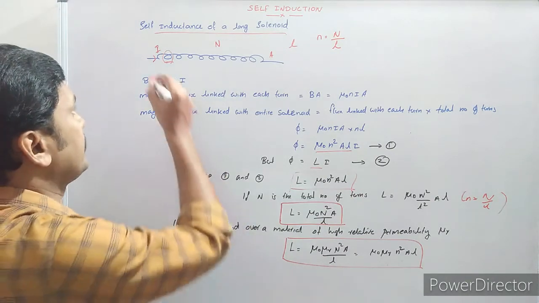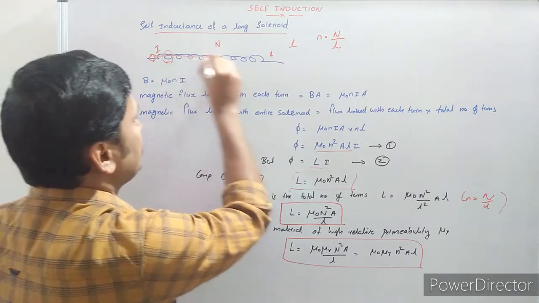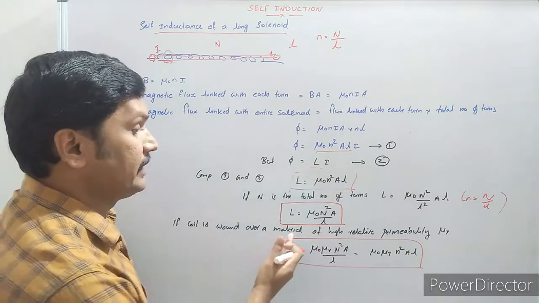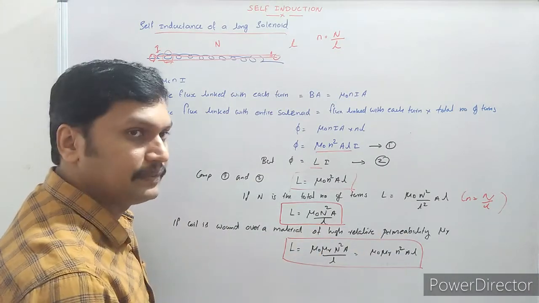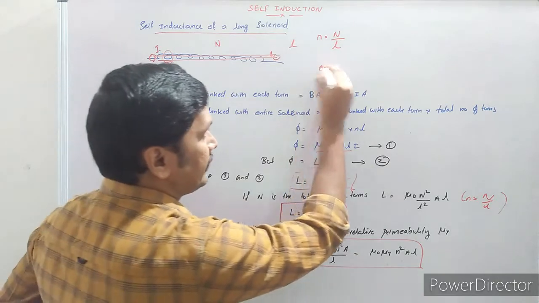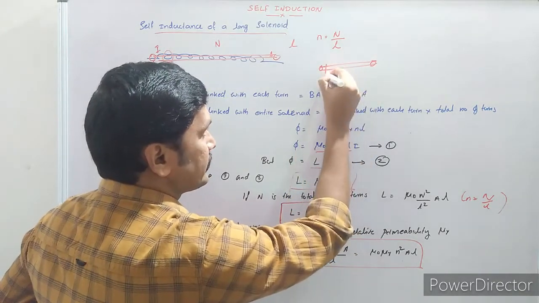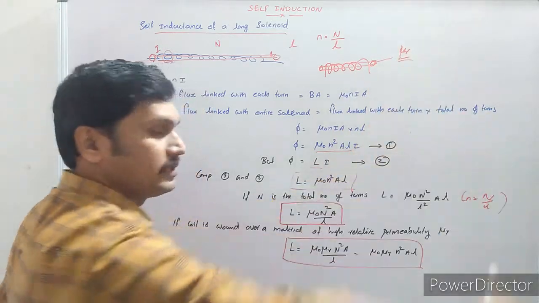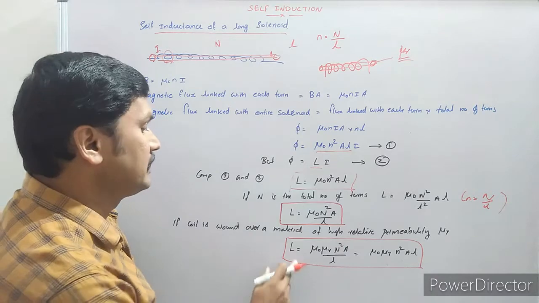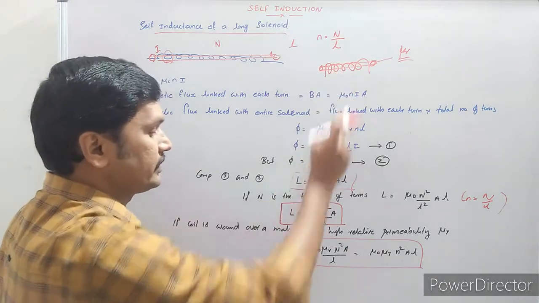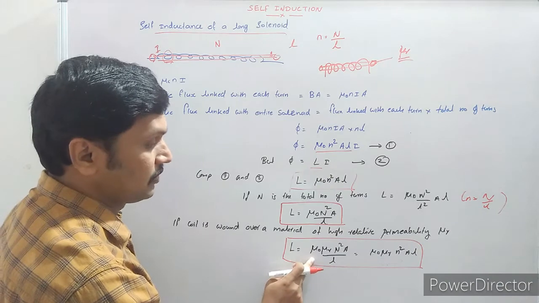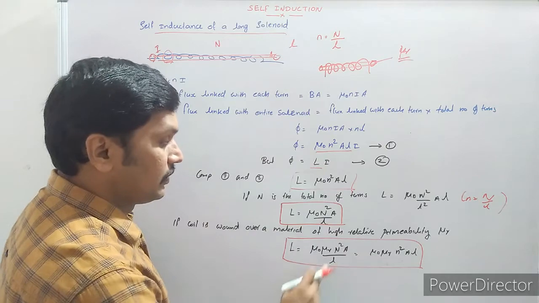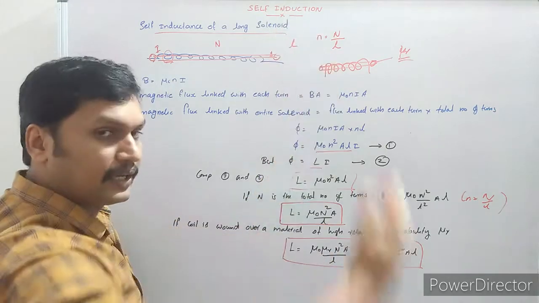Suppose you insert a rod of high permeability inside the solenoid, or the wires are wound over a material of high relative permeability. Suppose we take a rod and our solenoid is wound on this rod. If mu r is the relative permeability of the rod, then the self-inductance of this solenoid is L equal to mu 0 mu r N square A divided by l.